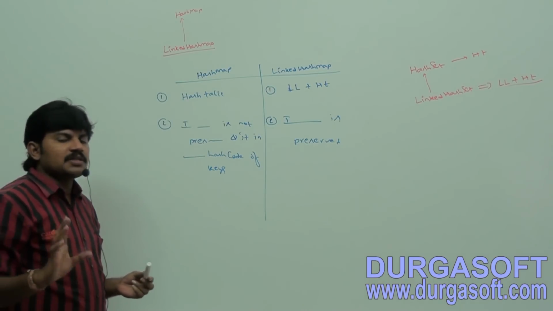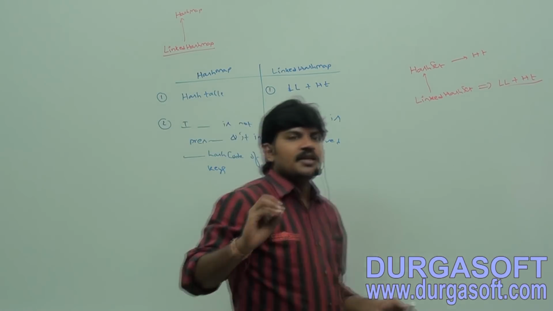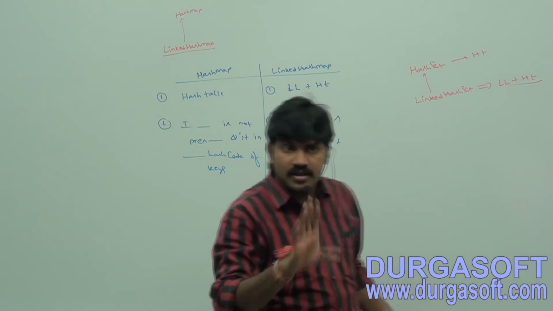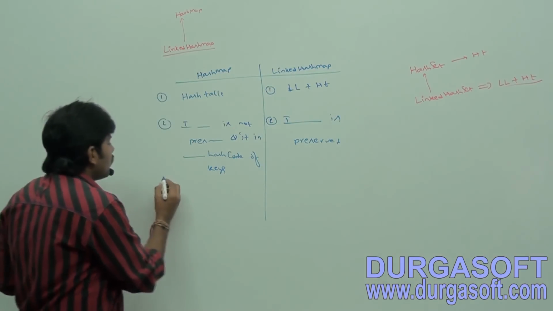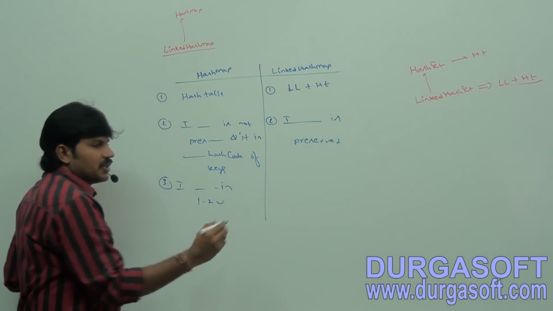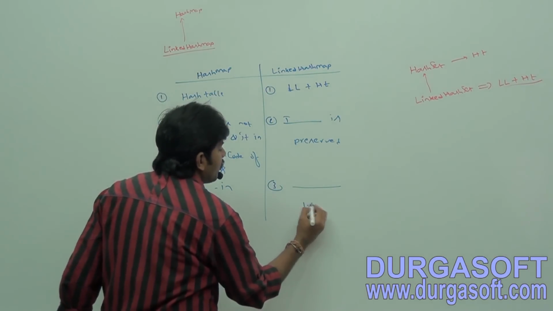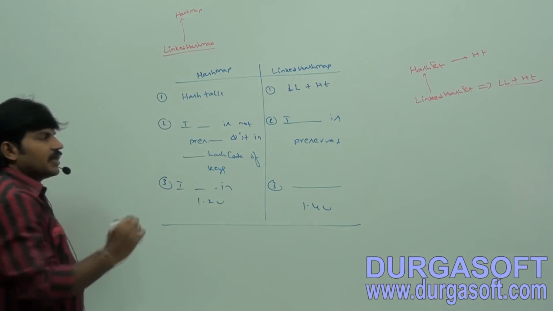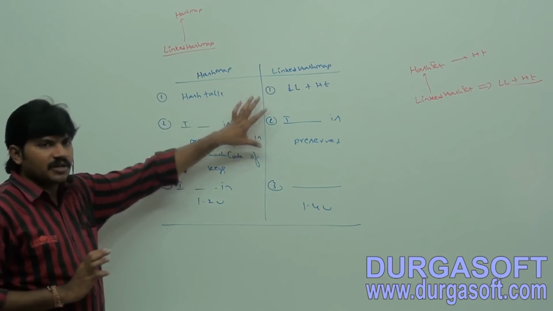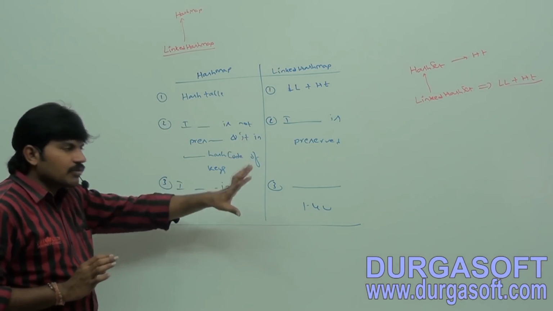In hash map, insertion order is not preserved, and it is based on hash code of keys. But in linked hash map, insertion order is preserved. This is the major difference, the main difference between hash map and linked hash map. The third one was introduced in the 1.2 version, and linked hash map was introduced in the 1.4 version. Except that, there are no other differences between a hash map and a linked hash map. I will execute the program.